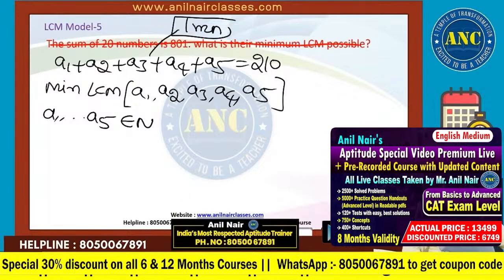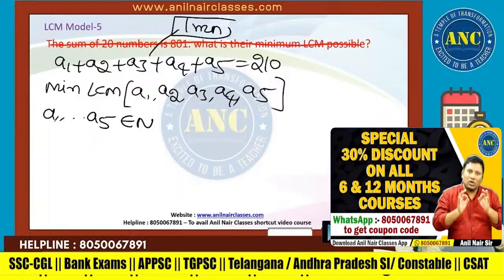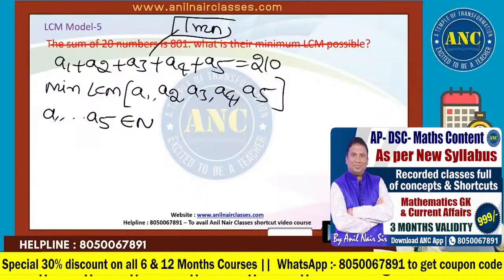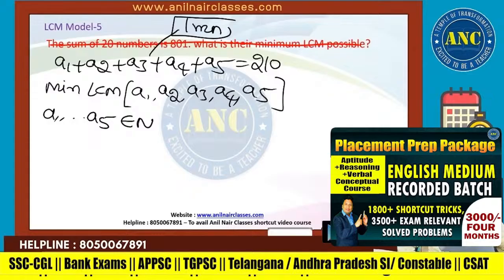A1, A2, A3, A4, A5, it is 210. Minimum LCM. What do you mean by divided by 7? Answer.